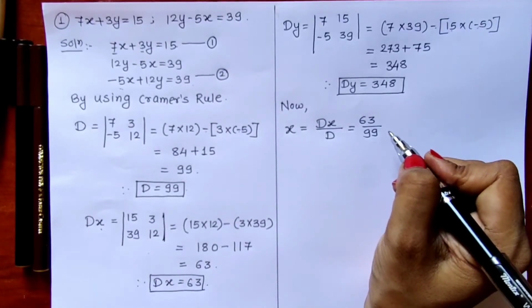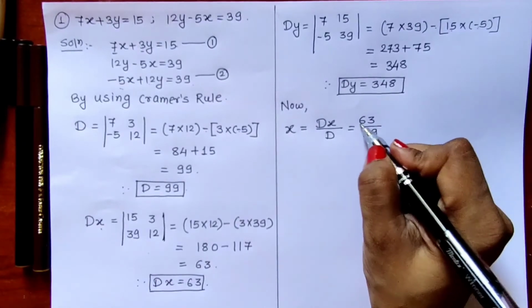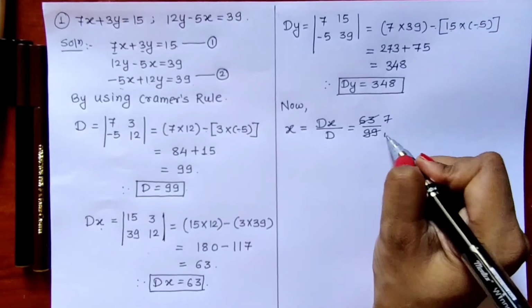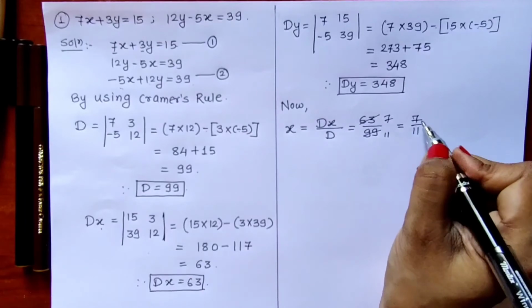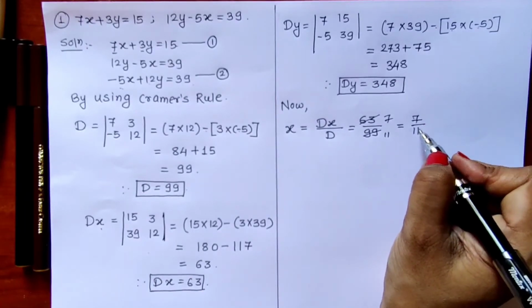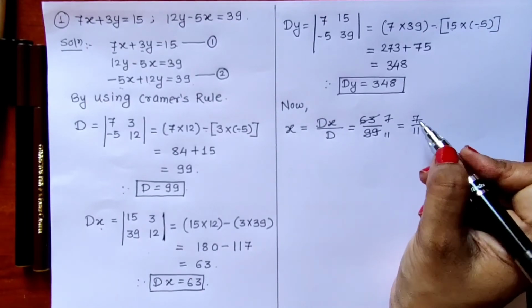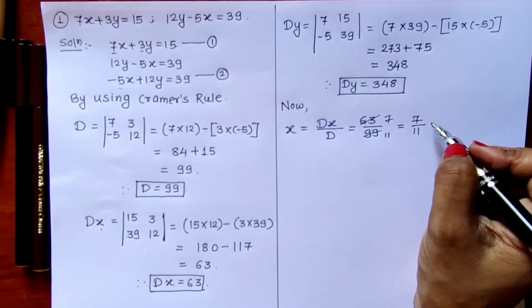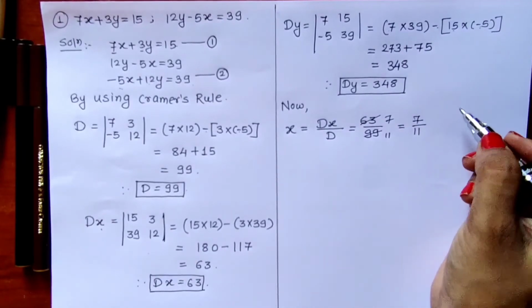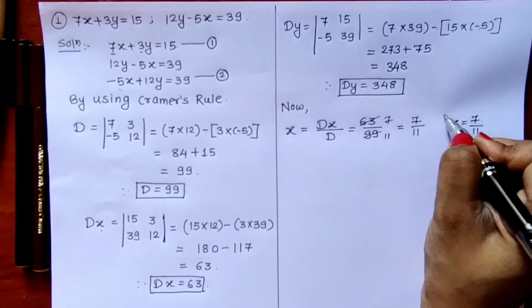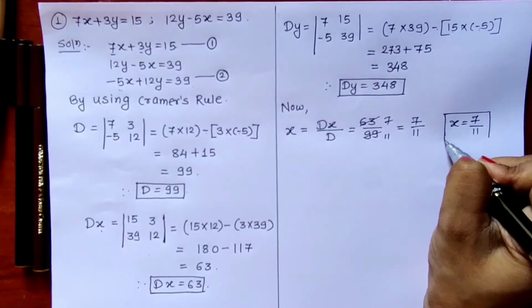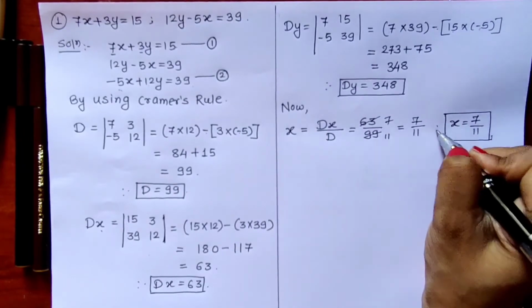Both the numbers are divisible by 9. 9 7s are 63, 9 11s are 99, so we got 7 upon 11. This 7 upon 11 is not divisible by any other number. Again, they both are prime numbers, so the answer is 7 upon 11. This fraction is not reducible. X is equal to 7 upon 11. We have got the value for the first variable.